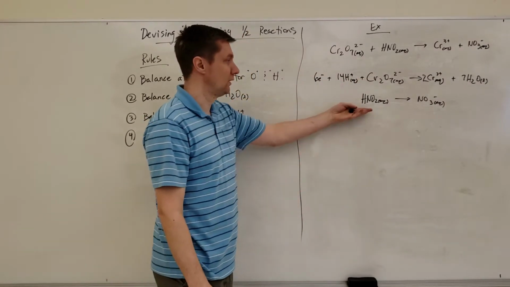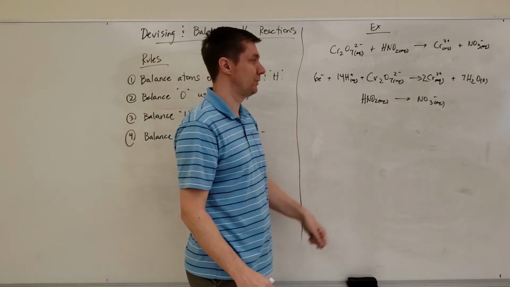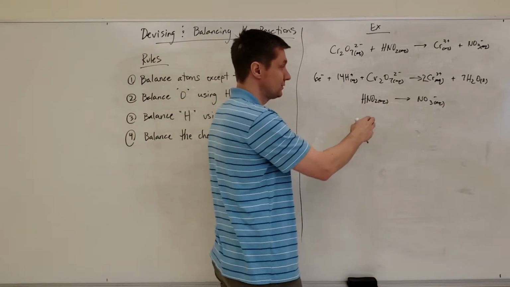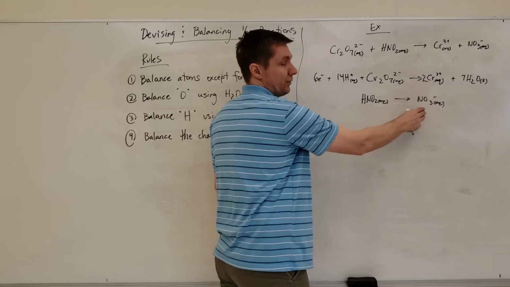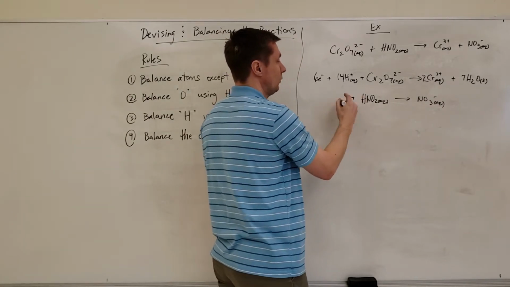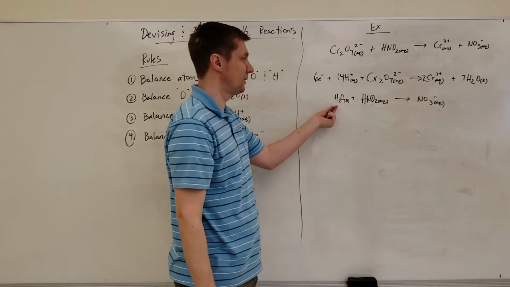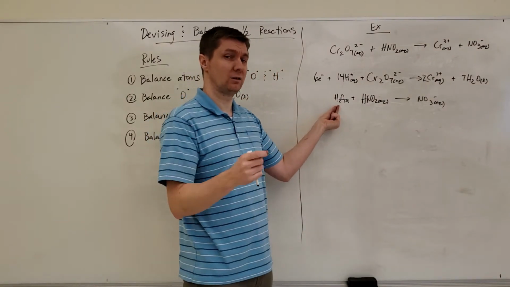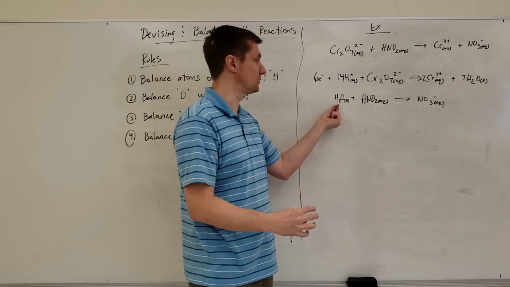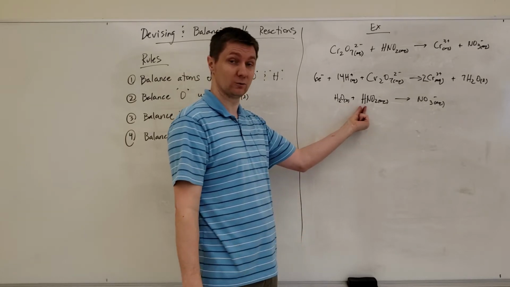For this one right here, my nitrogens are balanced. I'm going to balance the oxygens. Next, using water, I've got 3 and 2, so I only need 1 more water over here. Then I'm going to balance my hydrogens, being careful that you're counting all the hydrogens on the whole side. So here I've got 2, plus I've got another one right here.